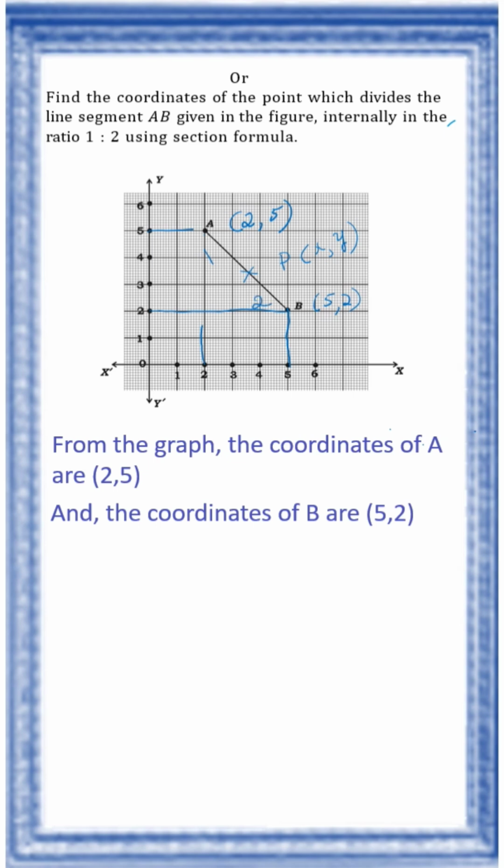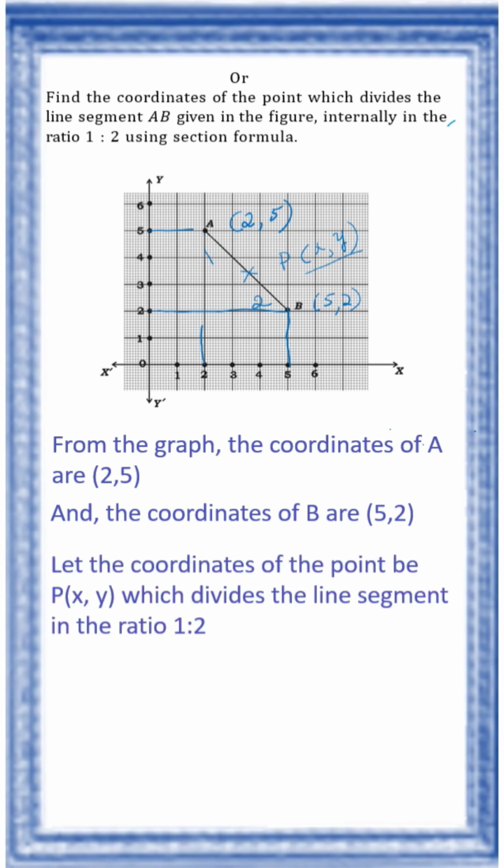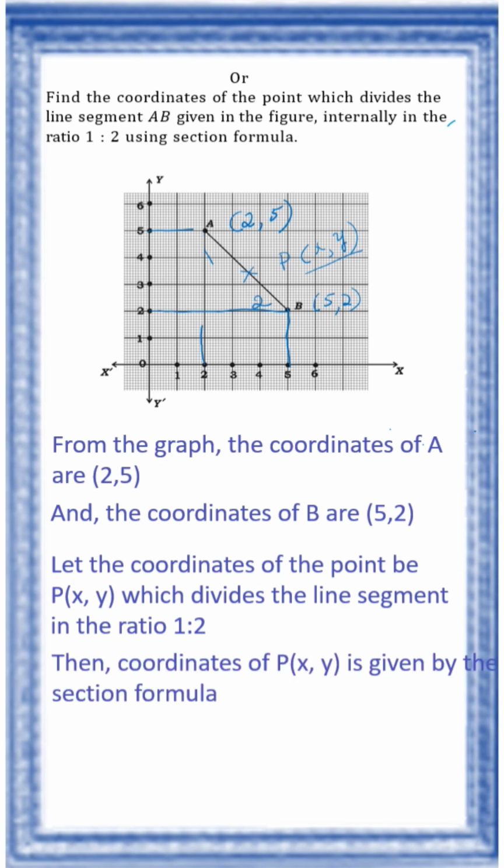Now we have to find the coordinates of P. By section formula, x is equal to m1 x2 plus m2 x1 upon m1 plus m2. y is equal to m1 y2 plus m2 y1 upon m1 plus m2. Let x1 is equal to 2, y1 is equal to 5, x2 is equal to 5 and y2 is equal to 2. m1 is 1, m2 is 2.